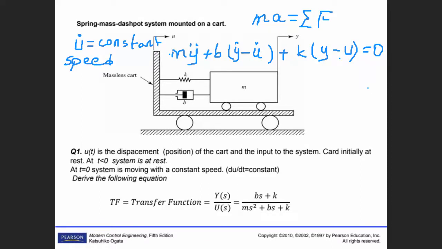I'm going to continue in a clean page, but you just remember the second car position is reference and y, and the first car's position is u, and the speed is constant. Okay, this is the condition.